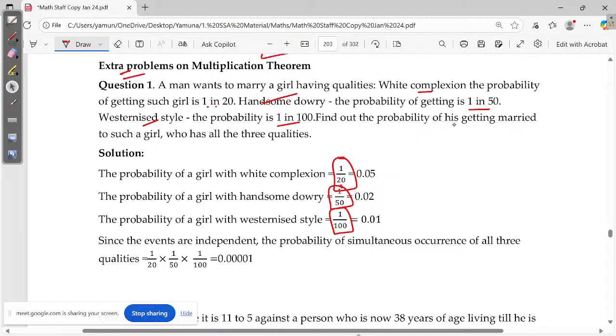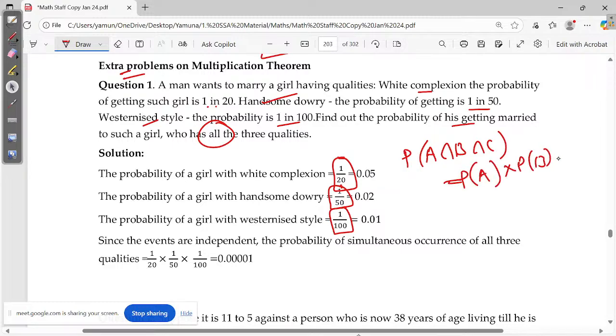Find the probability of him getting married to a girl who has all three, which means P of A intersection B intersection C. All these three are independent, so P of A into P of B into P of C. You just multiply, you get the value.